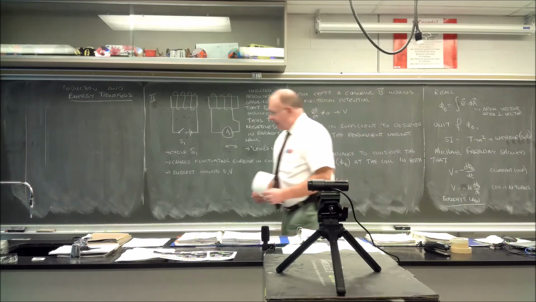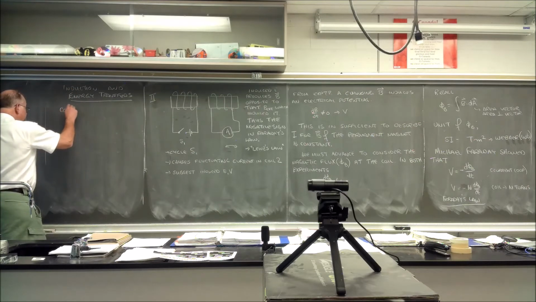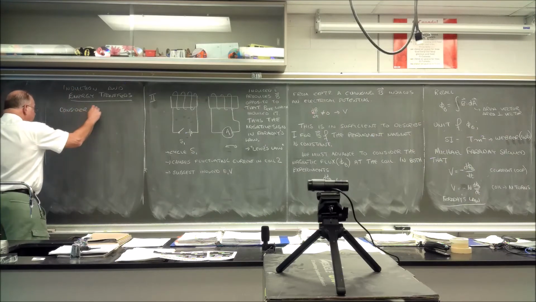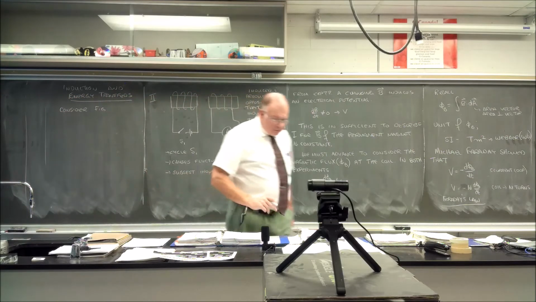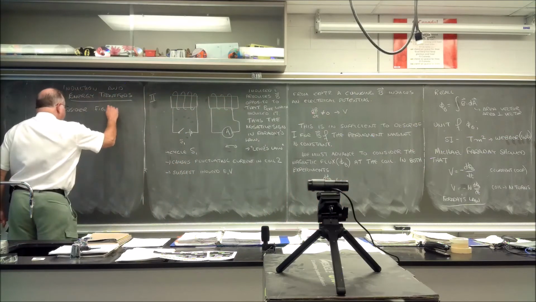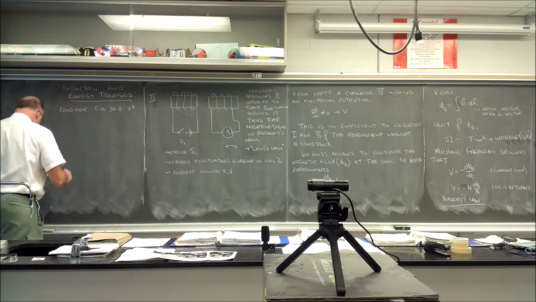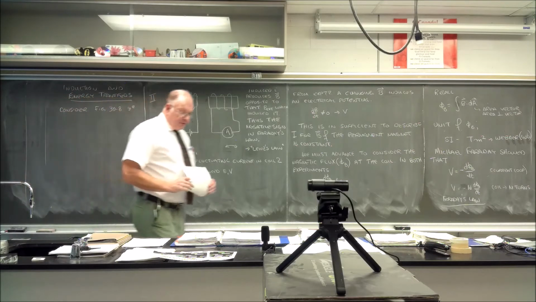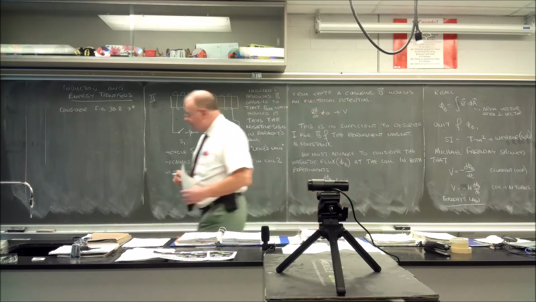We're going to make a little diagram here. Consider figure 30-8. That's the 9th edition, but maybe you're not too far away. And so we have a magnetic field that's going into the wall, and we have a loop.